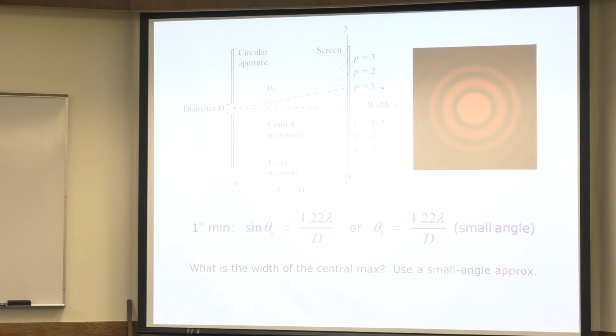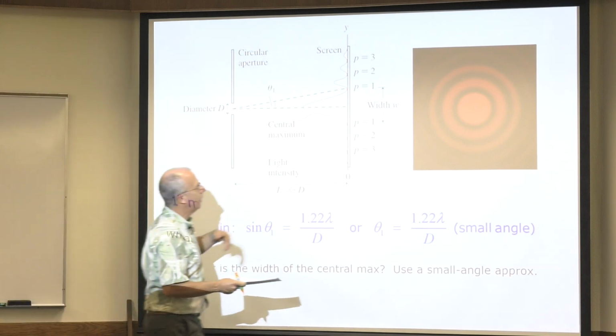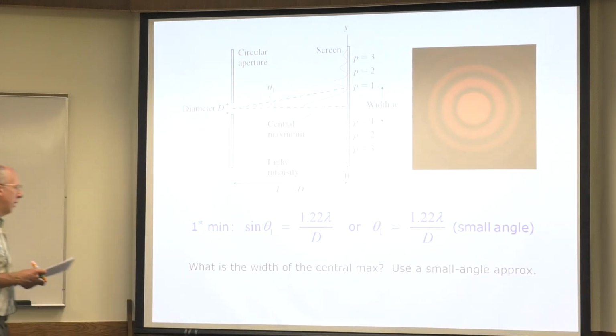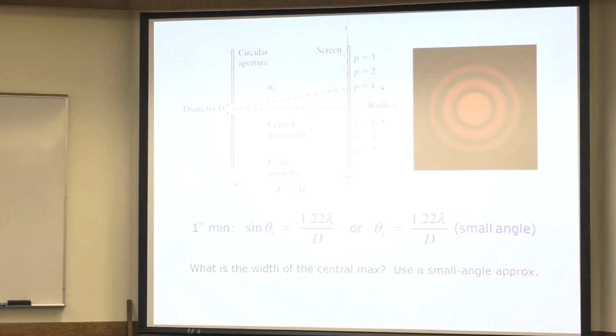All right, let's do it. In my opinion, let's just figure out y1 first. Seems to be the easiest way to go. So y1 is L tan theta 1. And then we're going to use a small angle approximation, so it's L sine theta 1. But look, sine theta 1 equals 1.22 lambda over the diameter.